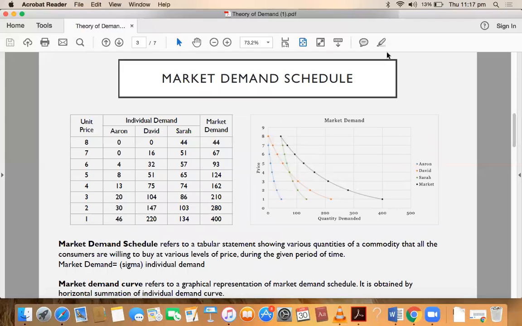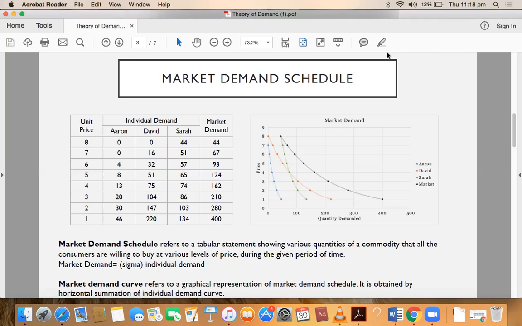Now we will study about market demand schedule and market demand curve. Market demand is the demand of all the consumers in the market. In this market demand schedule, there are only three consumers: Aaron, David, Sarah.